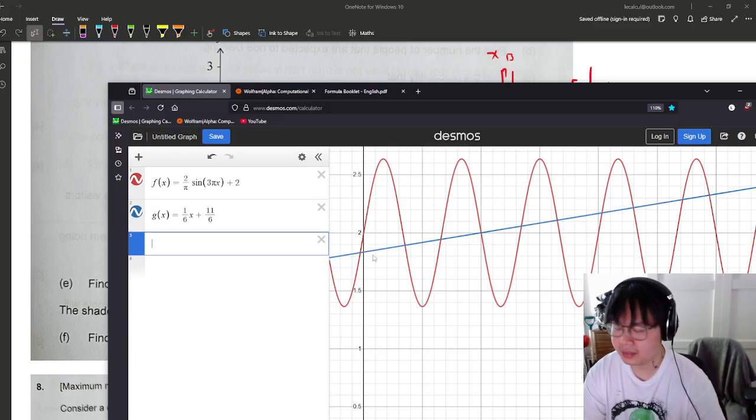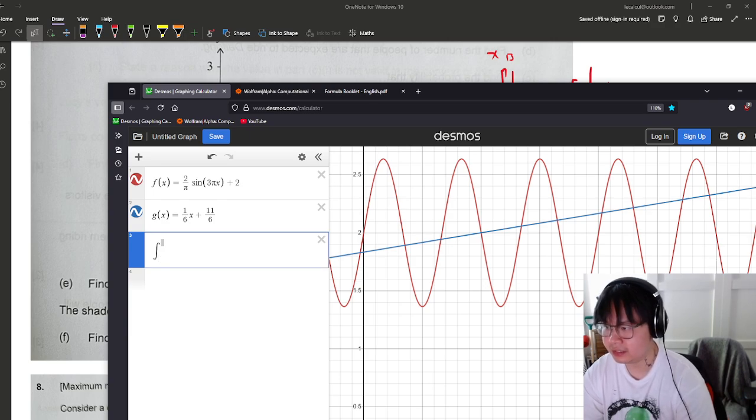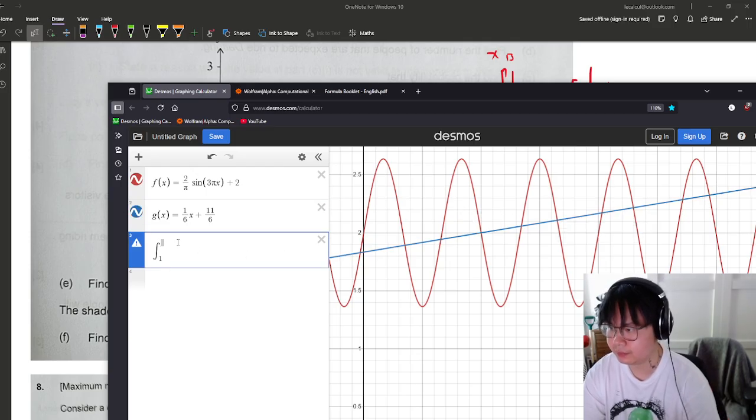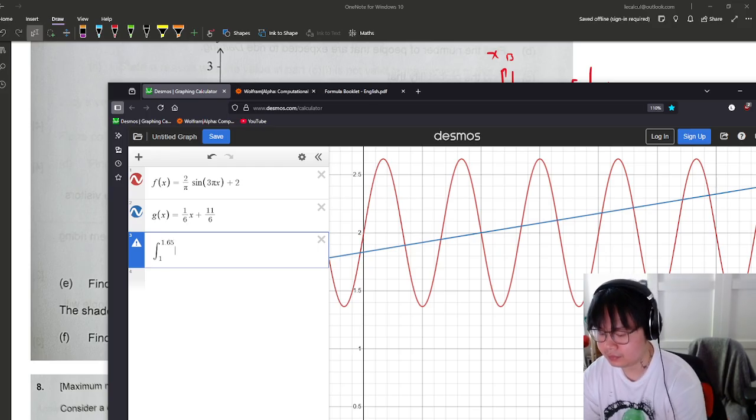Okay. And then we take the integral from 1 to 1.65, let's say, and then absolute value of f of x minus g of x dx.